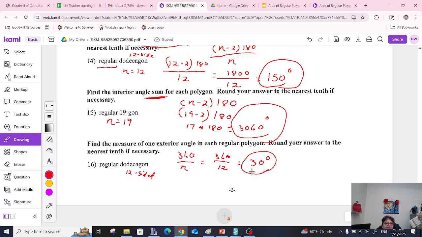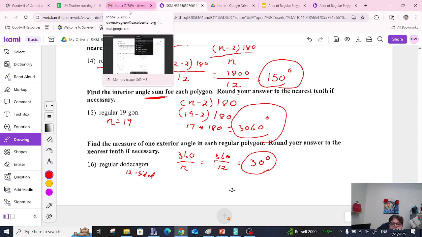Which makes sense because if the interior is 150, the exterior would have to make a straight line, 150 plus 30 is 180, which makes that straight line. Your interior and exterior angles should always add up to 180. Make sense? Good.